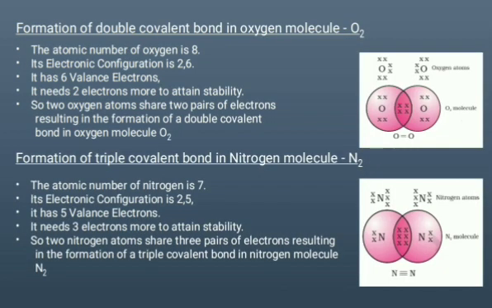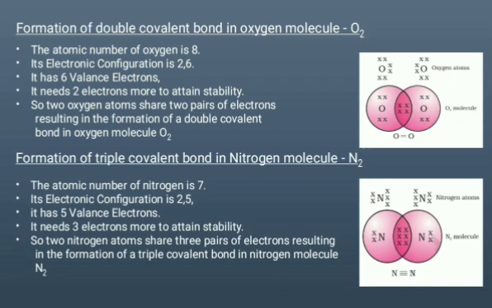Formation of double bond in oxygen molecule. The atomic number of oxygen is 8. Its electronic configuration is 2, 6. It has 6 valence electrons, 6 electrons in the outermost shell. To attain stability, it needs 2 more electrons in the outermost shell.